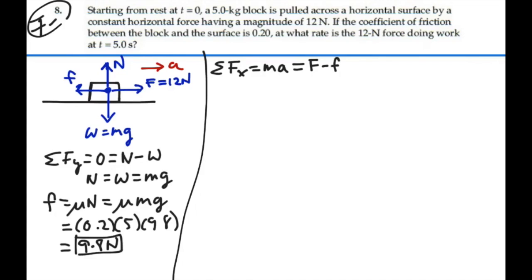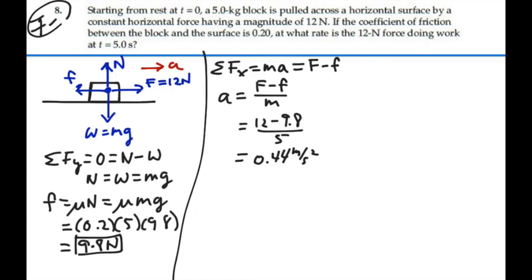So we would get that the acceleration is equal to the pulling F force minus friction divided by the mass. 12 newtons minus 9.8 divided by 5 kilograms, and that's equal to 0.44 meters per second squared. That is our constant acceleration in the x direction.